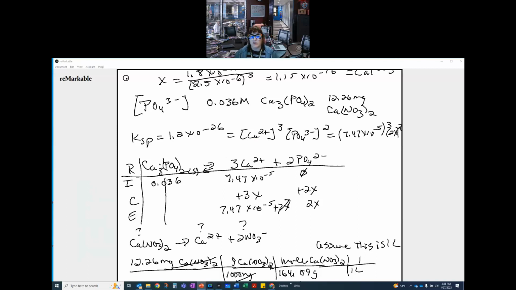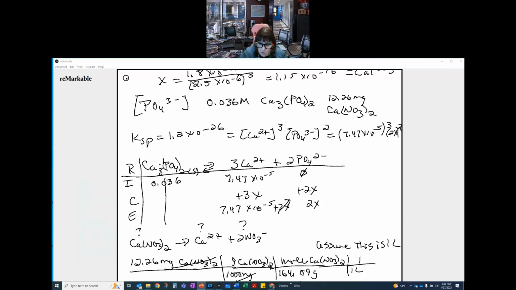If I've done everything the way I should have, i.e. I write my Ksp the way that I need to, then I know that this particular concentration needs to be cubed. Okay, fine. So I take my 1.2 times 10 to the negative 26. I'm going to divide that by 7.47 times 10 to the negative fifth, cubed.